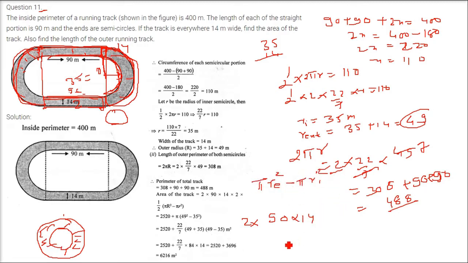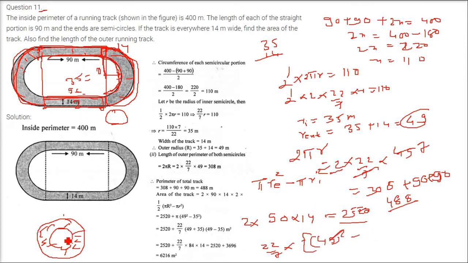So this will be what? I have to add these two. So this one is 90 into 14 into 2, and then we have 90 into 14 into 2. This is going to come as 2520. And what about this one? Pi r external square minus pi r internal square. So it will be 22 by 7 into, pi I've already taken, r external is 49 square.